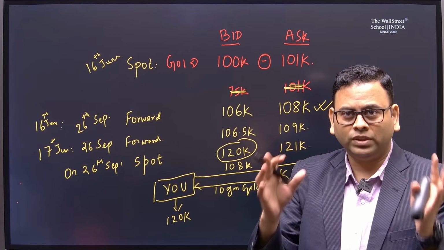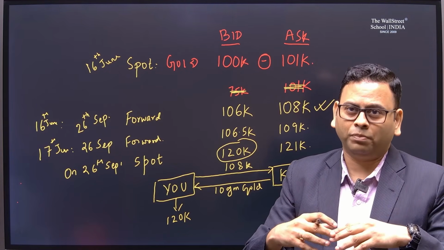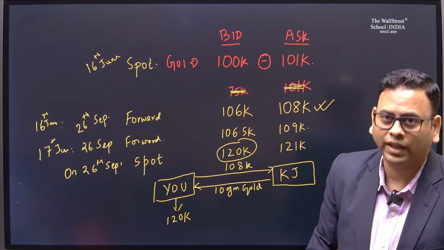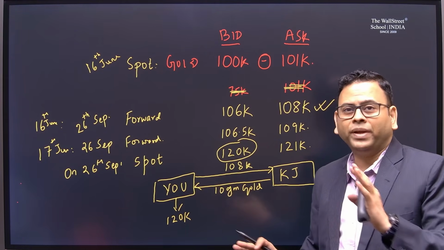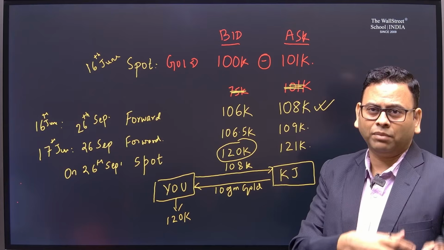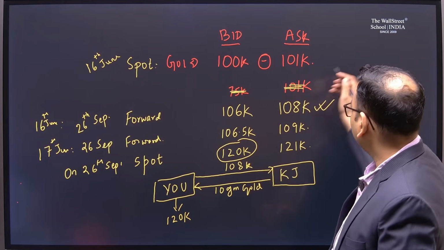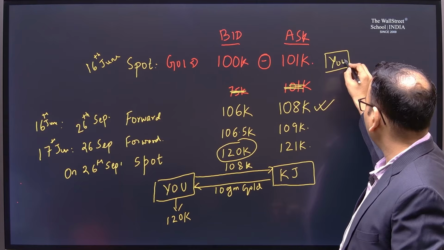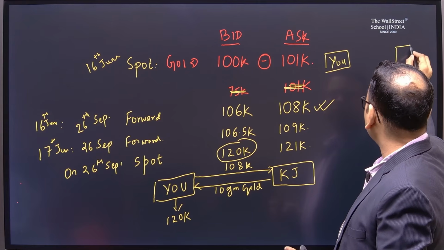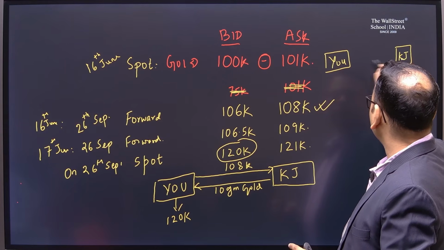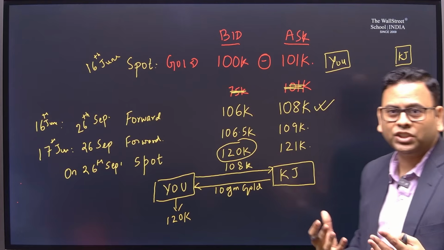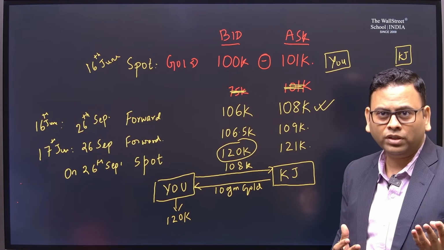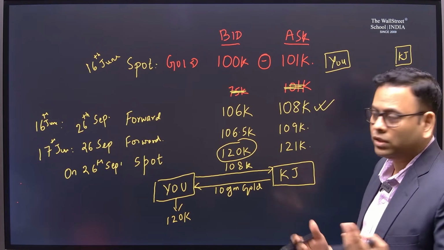So, Kalyan Jewellers will say, or the principles of forwards is such that one party would pay the difference and one party would accept the difference. So, essentially in this case, this is you, and this is Kalyan Jewellers. So, because the price differential has been in your favor, you will receive 12,000.